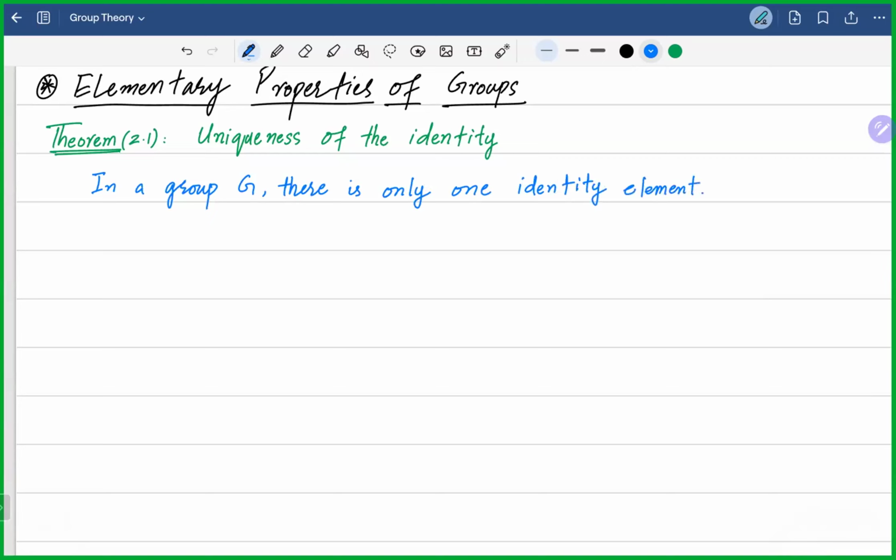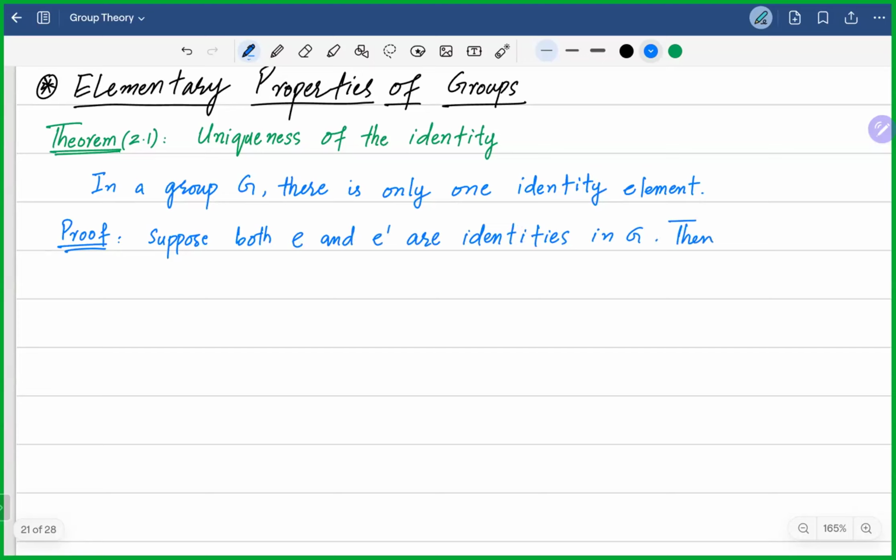Is that so? Let's try to prove it. Proof. If there is only one, we suppose there are two. Suppose both E and E prime are identities in G. Then what do we know?